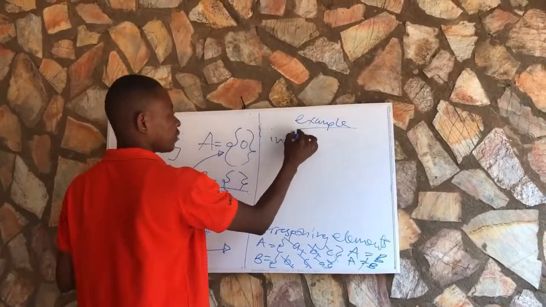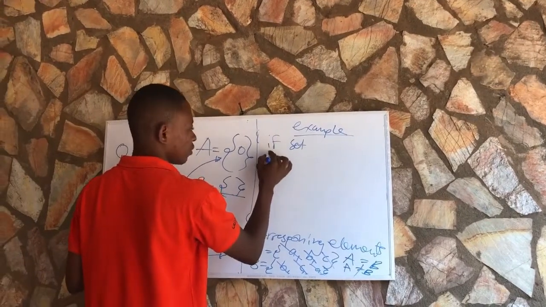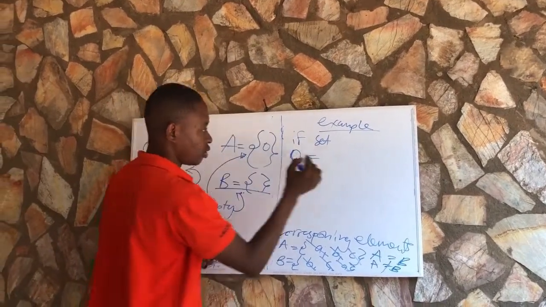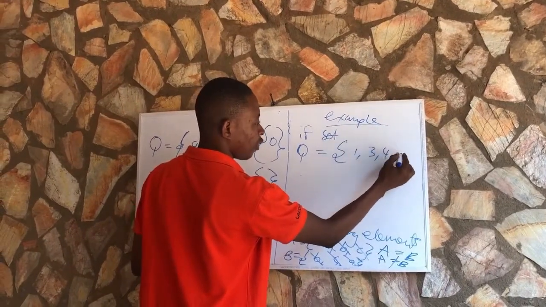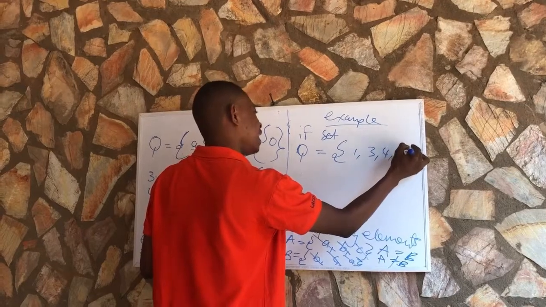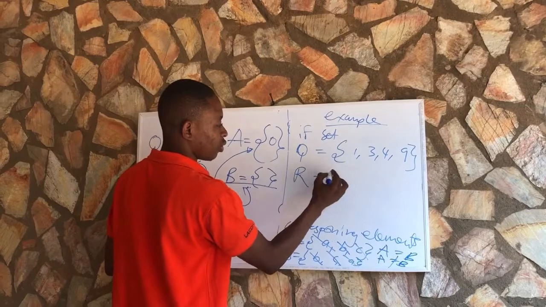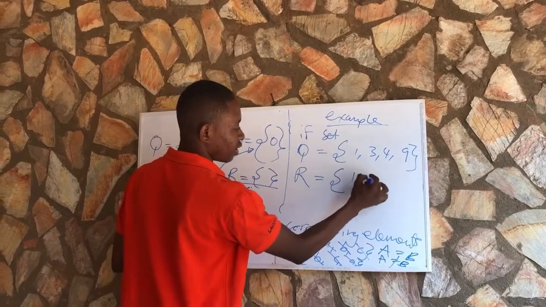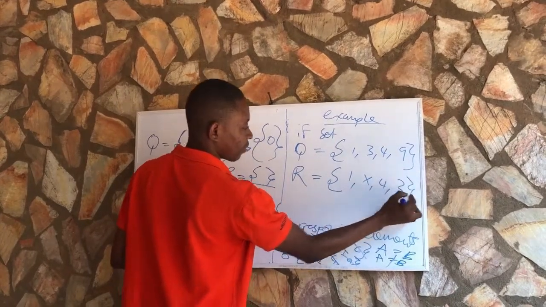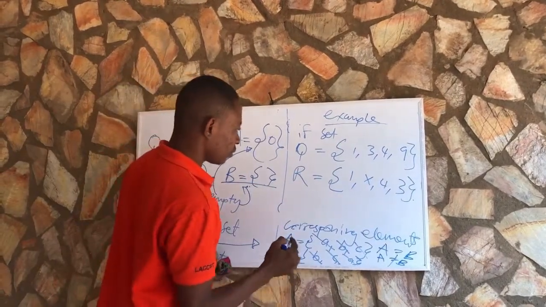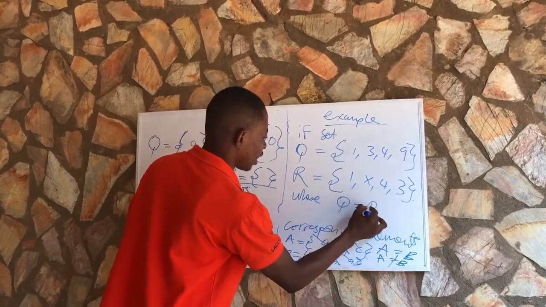If set Q equals 1, 3, 4, and 9, and set R equals 1, X, 4, and 3, where Q equals R.